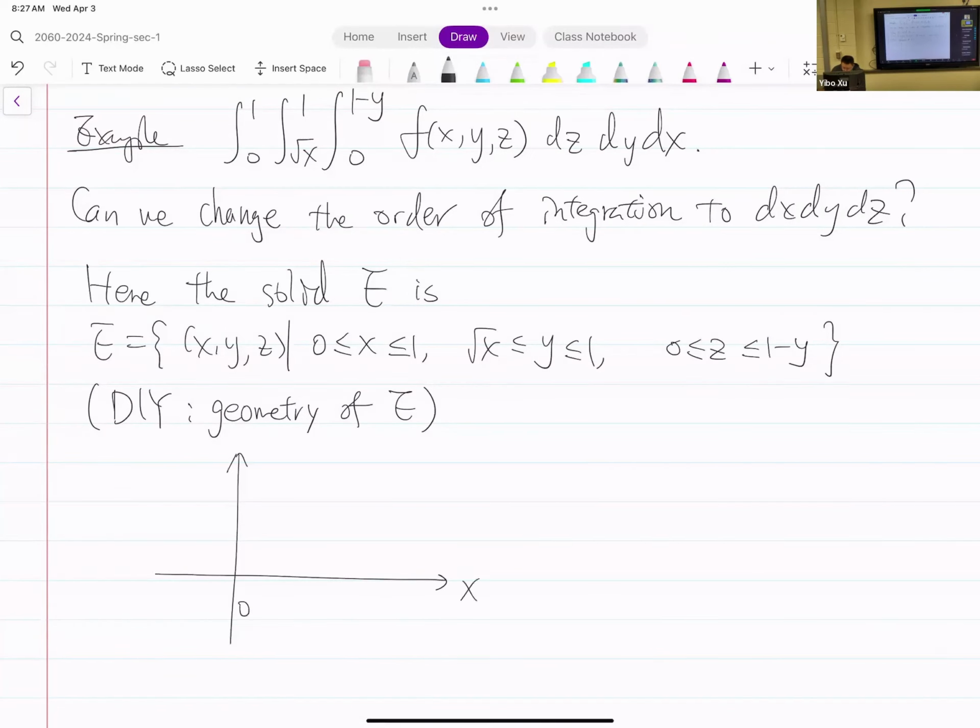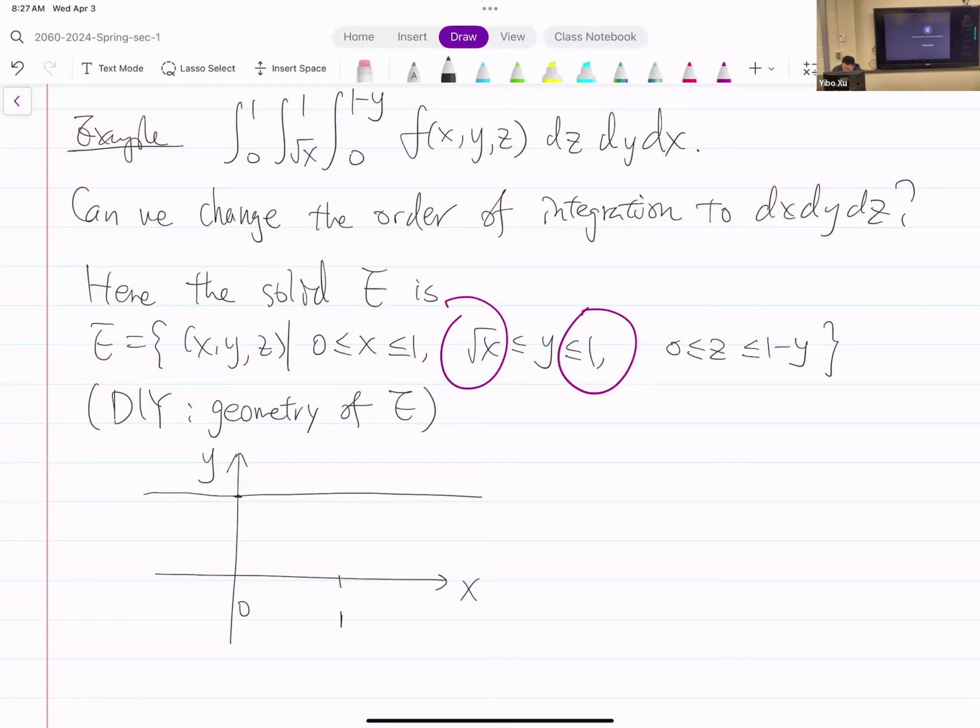So this is the xy plane. And then here, what we see is that x is cut between 0 and 1. So it's right here. And then we see, okay, now y is cut between square root of x and 1. So y is cut between two functions. We have y equal to square root of x as a lower bounding function. The upper bounding function is y equals 1. So y equals 1 is the horizontal line that we can draw really quickly.